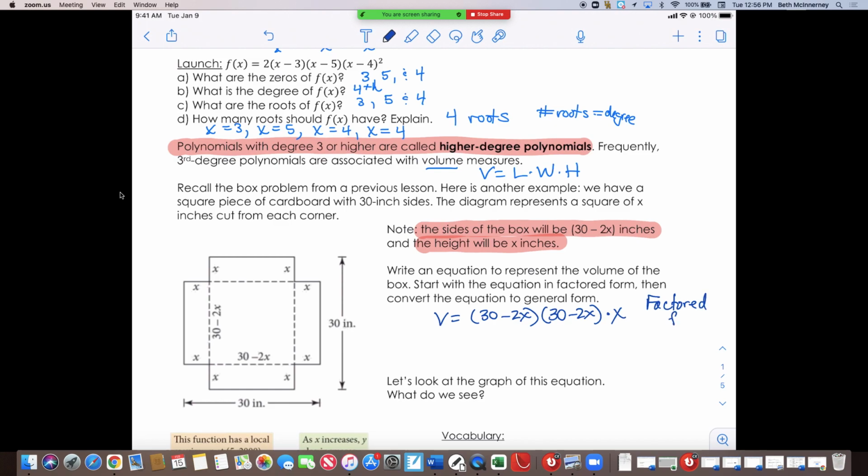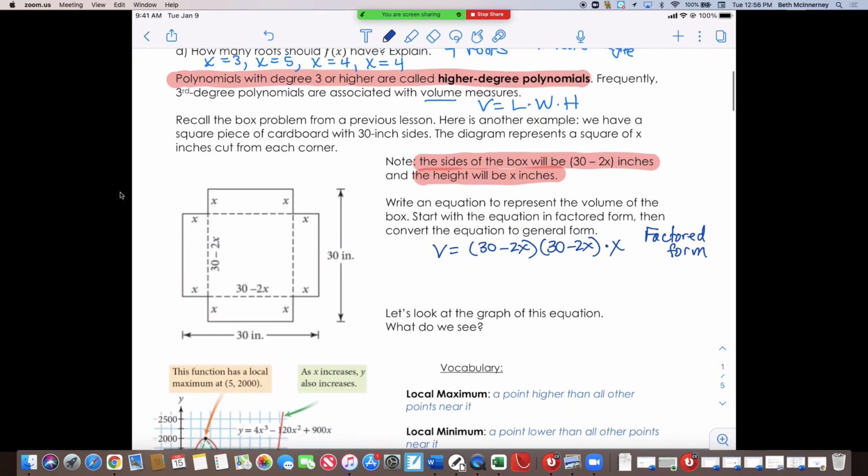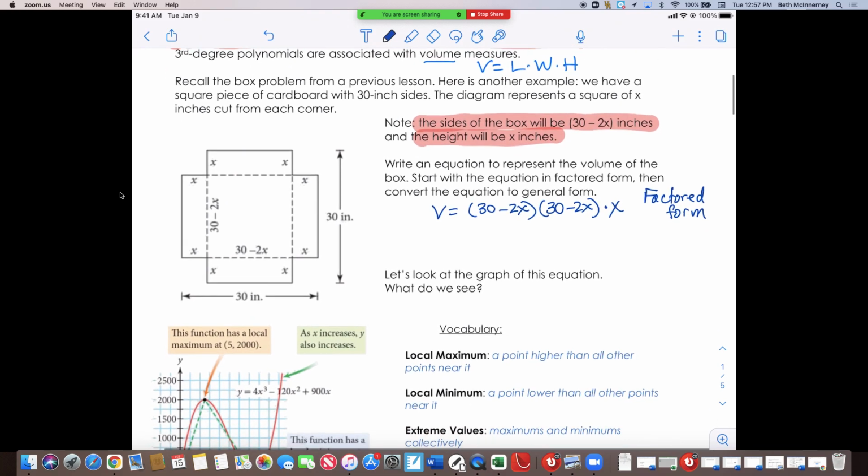What I would like you to do, and I'm going to give you about a 2-minute head start, I would like you to expand this and put it in general form. So do the FOIL, okay, do the FOIL and get an answer, collect like terms, then multiply it by that x, which represents the height of our open box. So go ahead and try it.